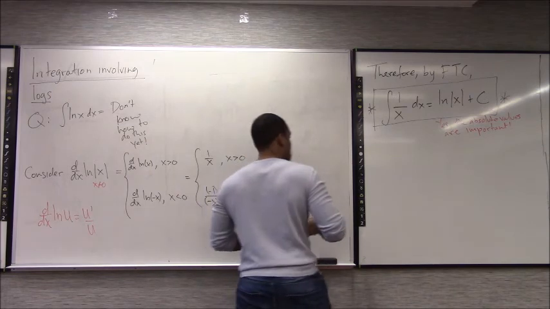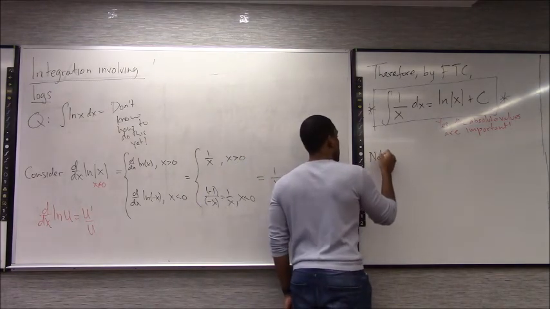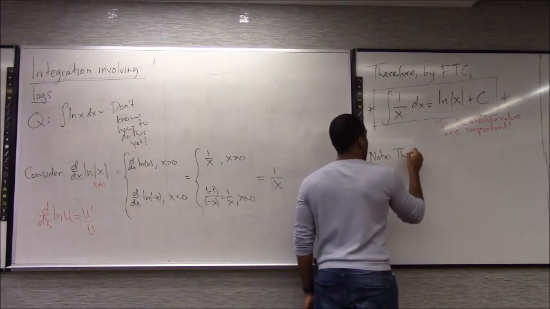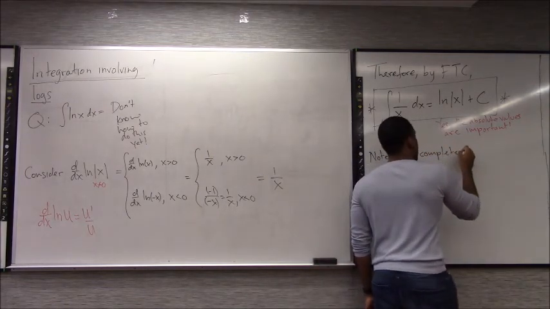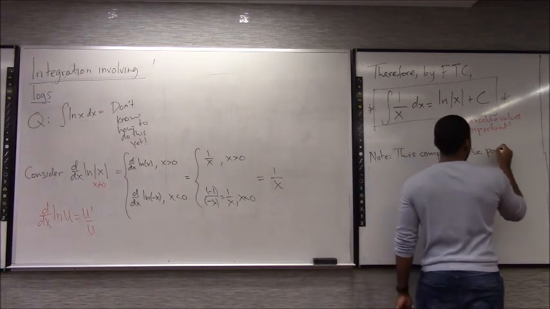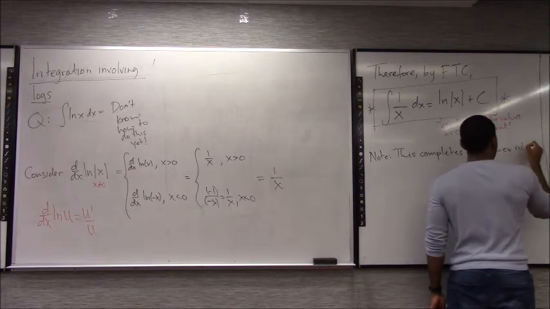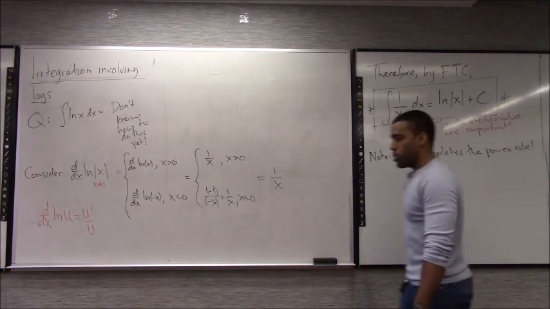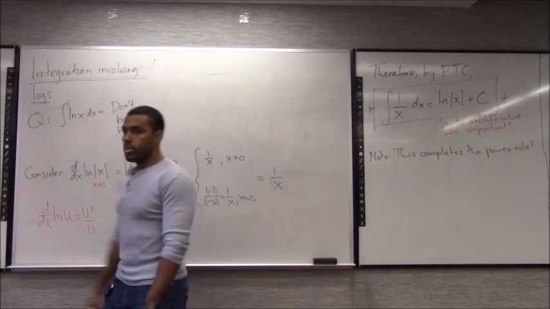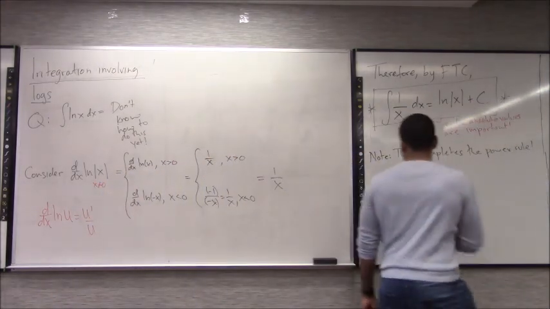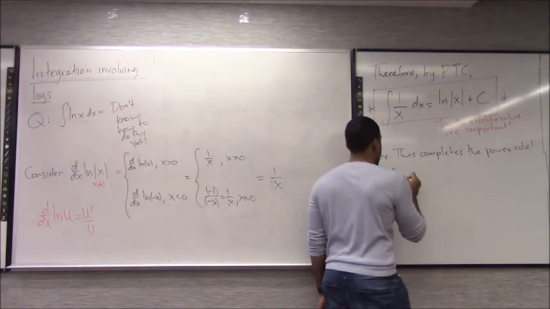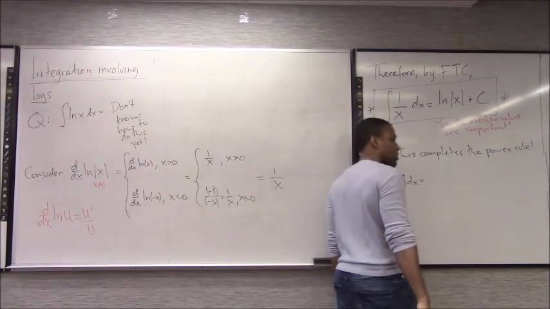One thing I want you to note here, in a weird way, this completes the power rule. Right? Remember when you were doing the power rule for integrals? There was literally one number that you couldn't touch in that rule. When you had to do the integral of x to the n dx. What was that?